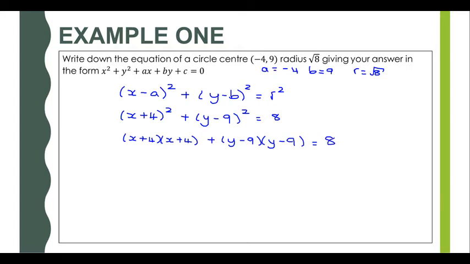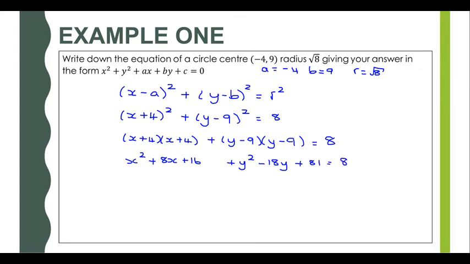And then we can expand each of those brackets. So we get x squared plus 8x plus 16 plus y squared minus 18y plus 81 is equal to 8.